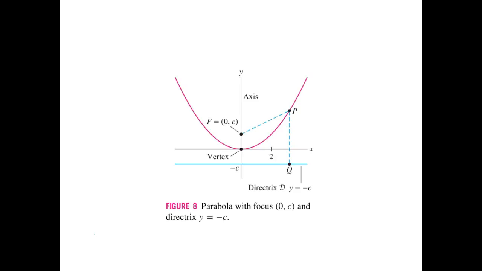Any of you have a dish? Those are parabolic mirrors. They're aimed toward the geosynchronous satellite, whatever company you have, wherever that is. The rays coming in close to parallel are going to reflect off the surface and go right to the focus. And guess what they put on the focus? The receiver.